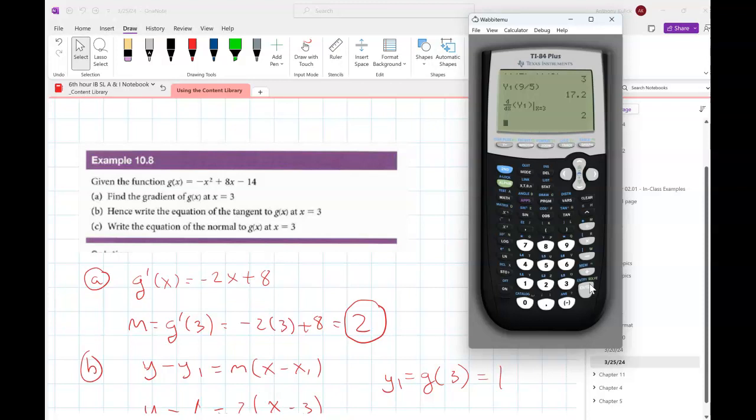So even if you don't know how to do the derivative by hand, and they ask you, like, what is g prime of 7? And you're like, I'm not sure I know how to do g prime. Just type it in your calculator. Okay?